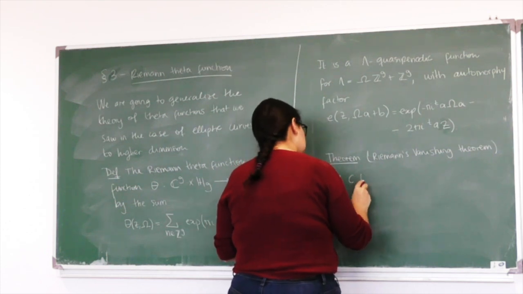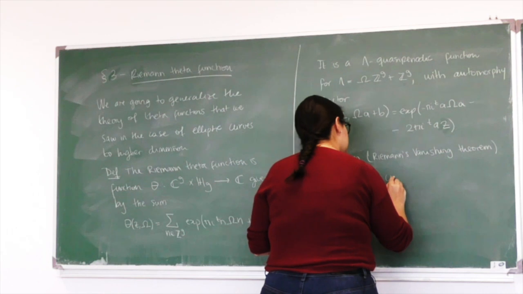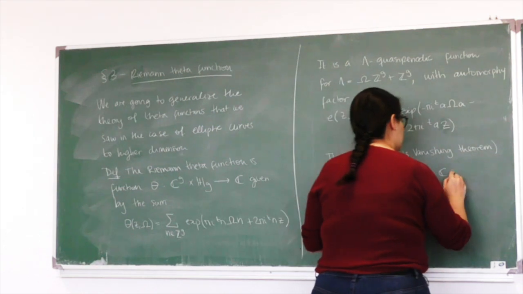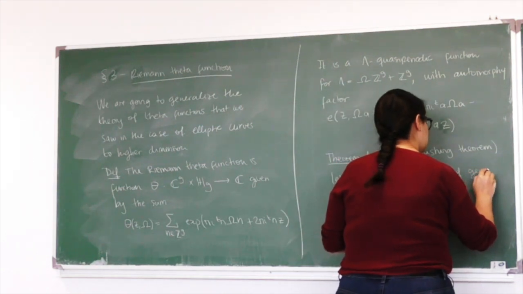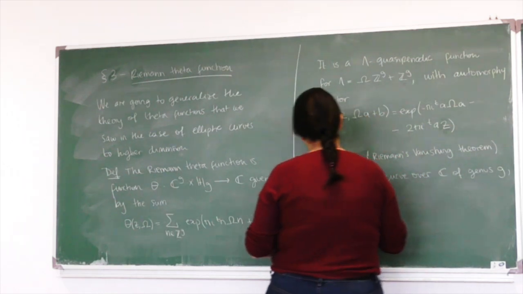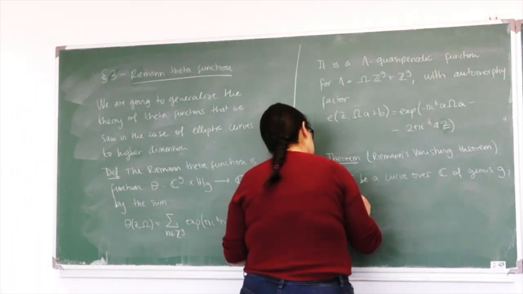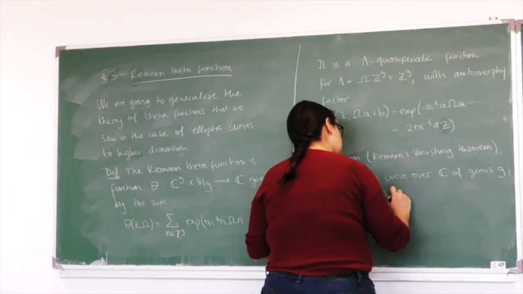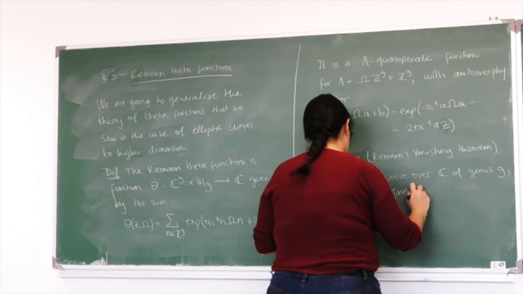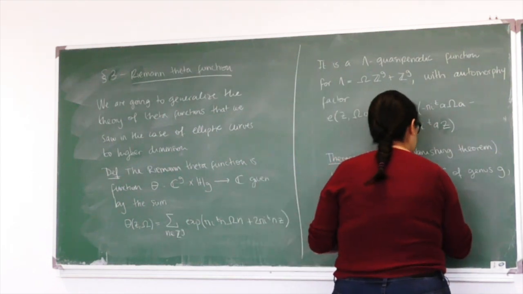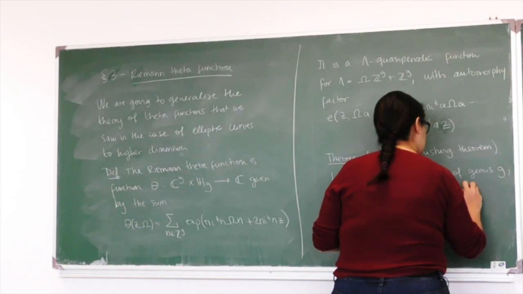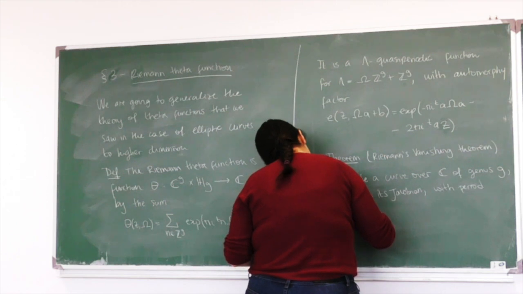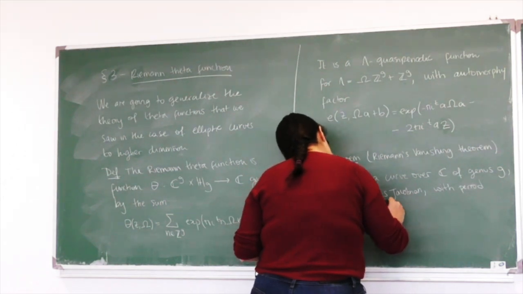Let C be a curve over the complex numbers of genus g. Let Jac(C) be its Jacobian with period matrix omega in H_g.